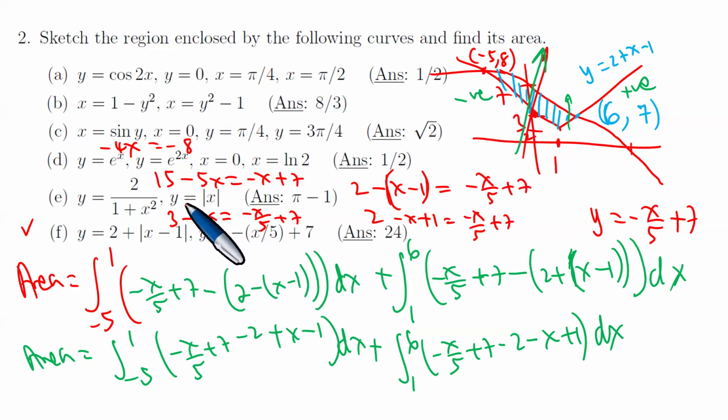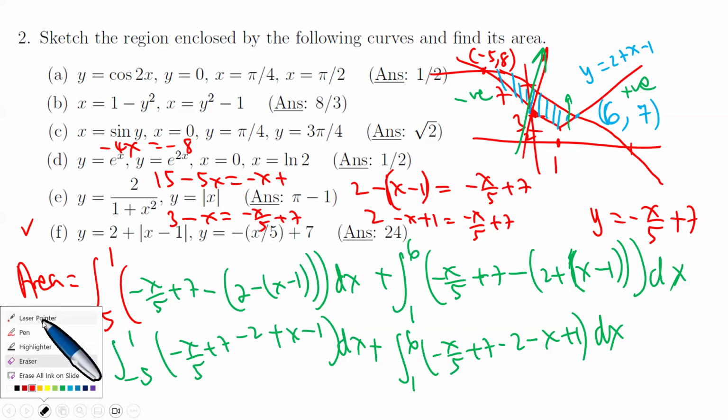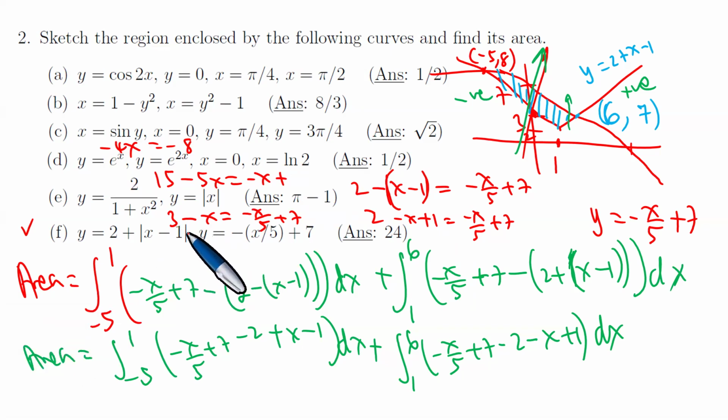Okay. All right. So multiply through by the 5. Before you multiply by the 5, we added 2 plus 1, giving us a 3 minus x, which is minus x out of 5 plus 7. Multiply through by 5, so you get a 15 minus 5x, minus x, and then a 35, since 7 by 5 is 35.